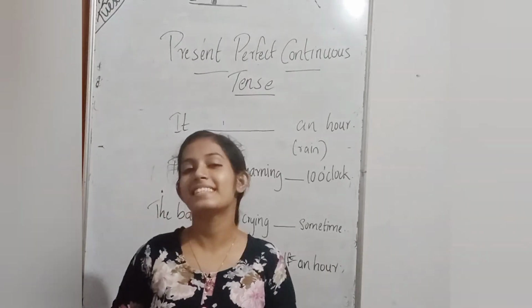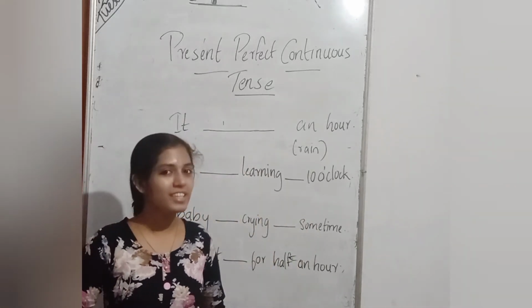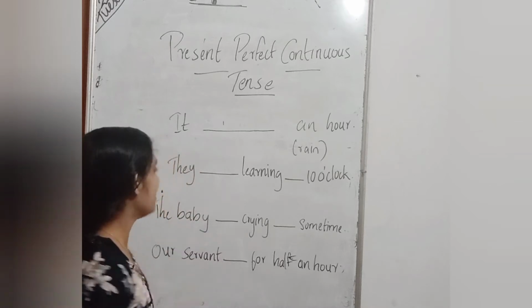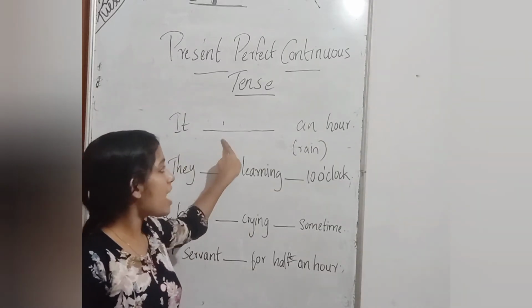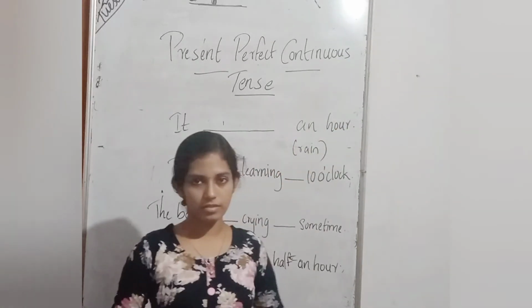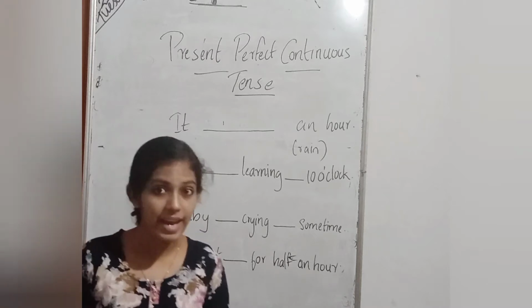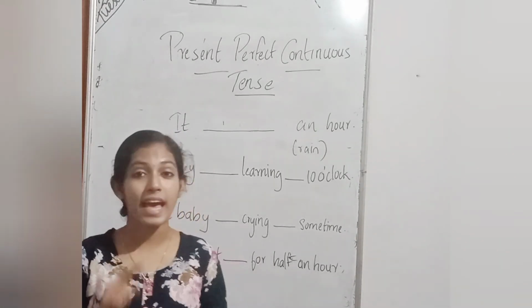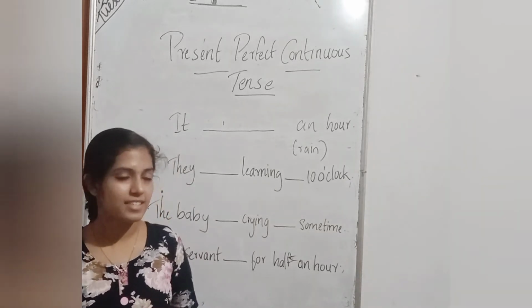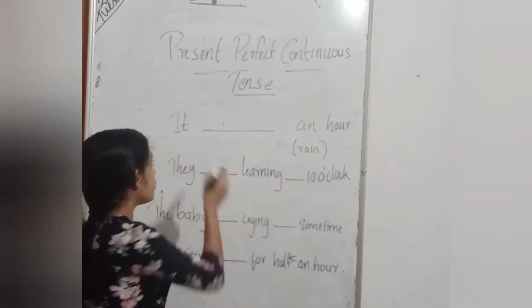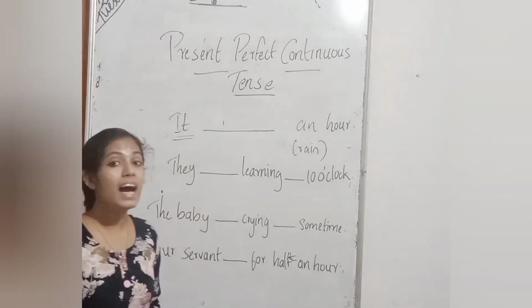Now, let's complete the blanks using present perfect continuous tense. Come. First sentence, it dash an hour. In the bracket it is given, the verb here used is rain. So, we have to use present perfect continuous tense. As the subject is it, we have to use has been.